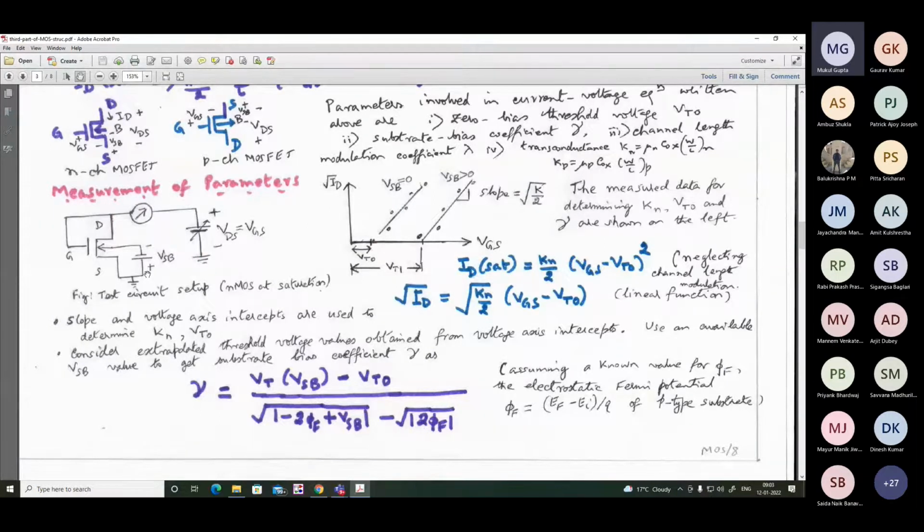Actually, you're right. In actual circuitry, you cannot make this connection. But there is no problem here because the PN junction will remain reverse biased, since this is the N channel side and this is the P channel side, so P is always more negative with respect to the source.